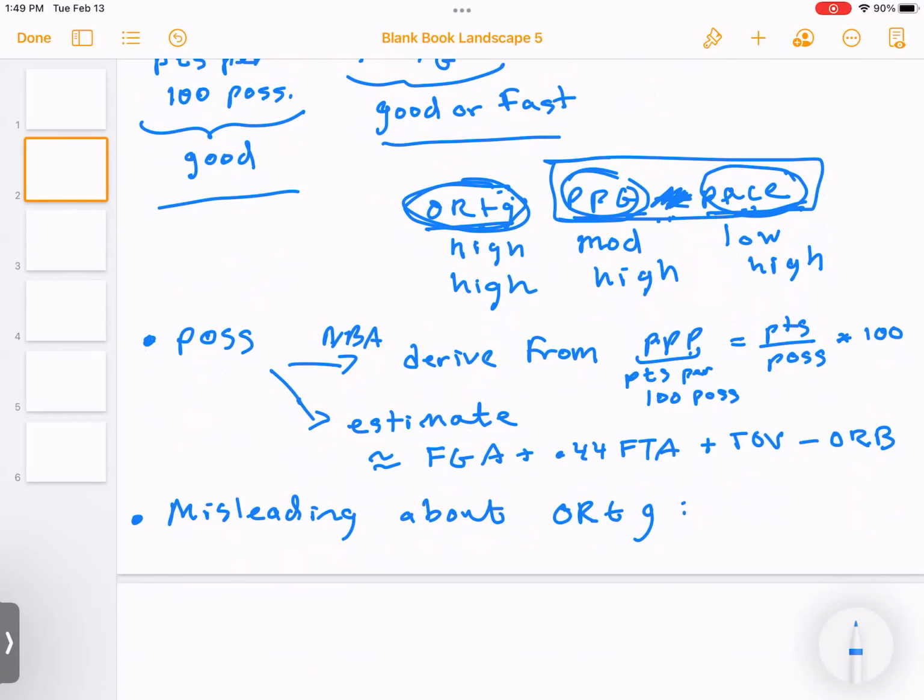It's 12th out of 30. So you can see here's a case where the pace must be slow, or is likely to be slow. Okay, so offensive rating really measures what's important.